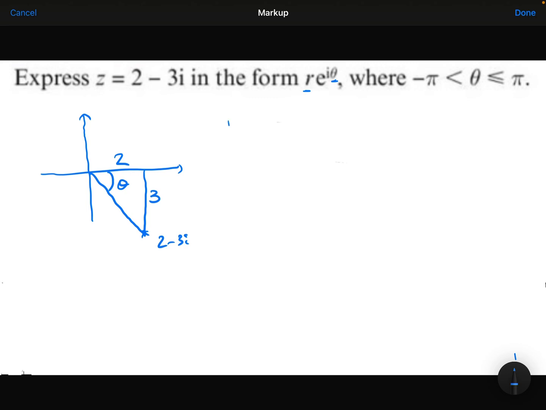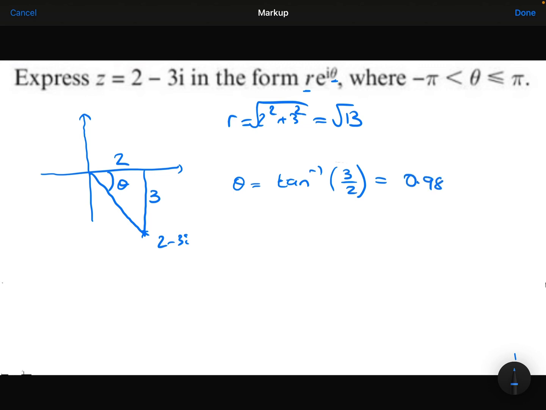So I can find the modulus by doing some Pythagoras, 2 squared plus 3 squared square rooted, which is going to be root 13. I can find my angle theta there by doing tan inverse, the opposite divided by the adjacent, which if I do that will give me 0.983.